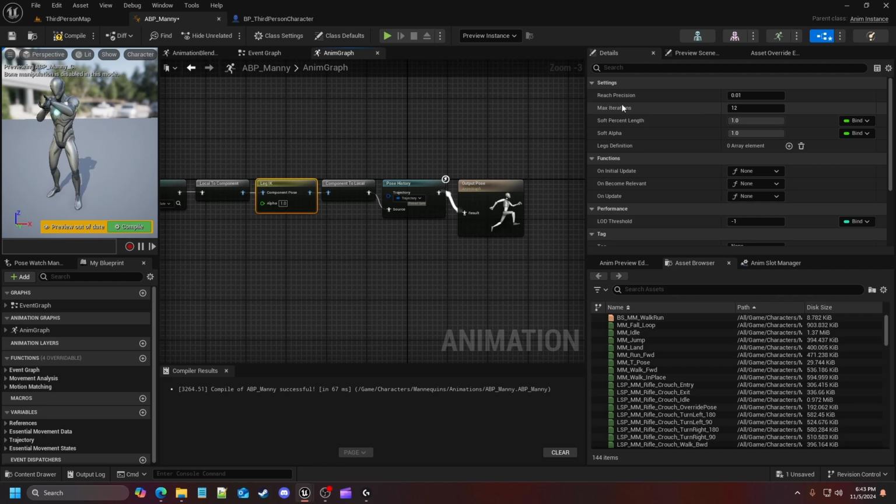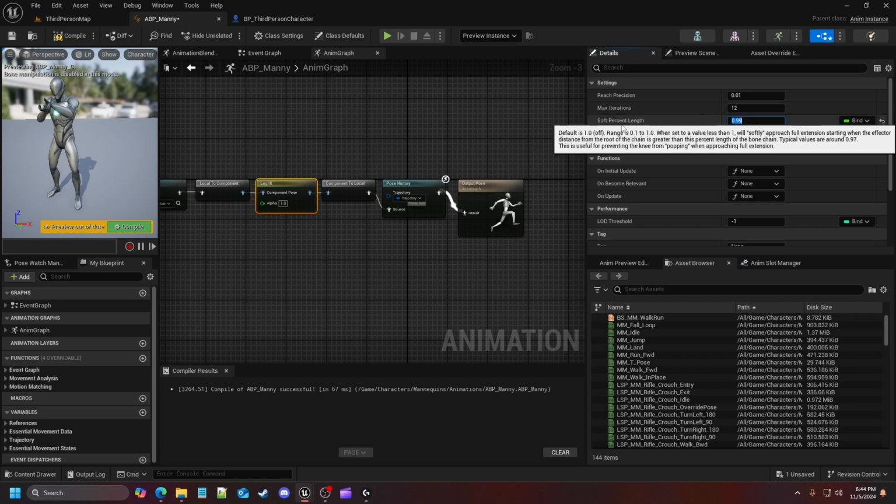Think of this as a looping operation that goes through, say, 1 through 12 before it circles back around for our animations to smoothen out. I'm trying to remember what reach position is, but it's not coming to me. But for the soft percent length, I'm going to adjust this to 0.99 to match the game animation sample project.